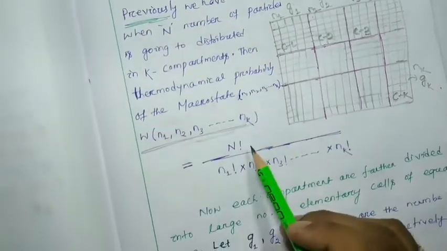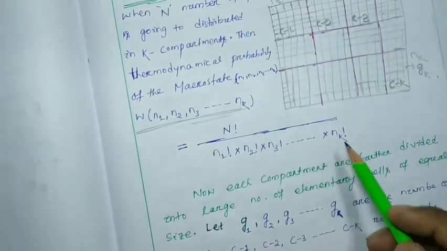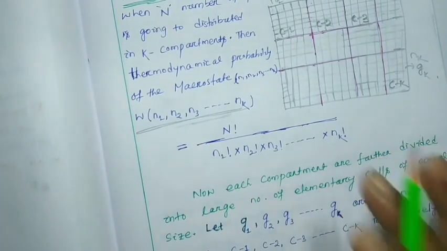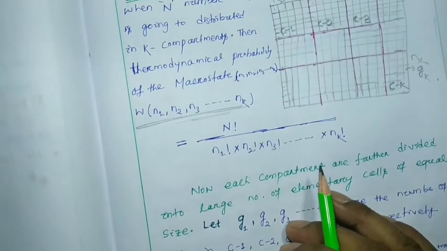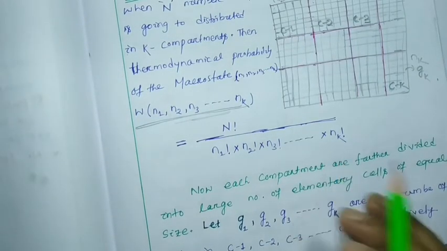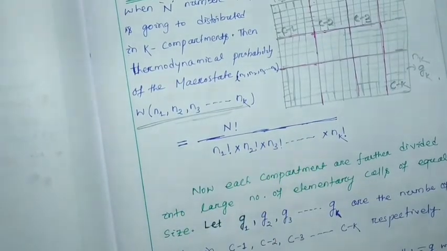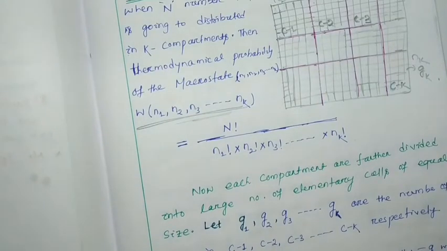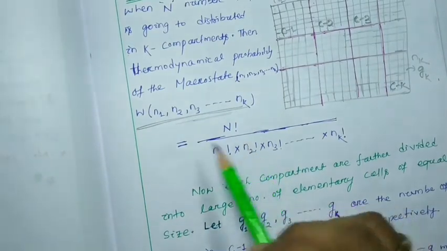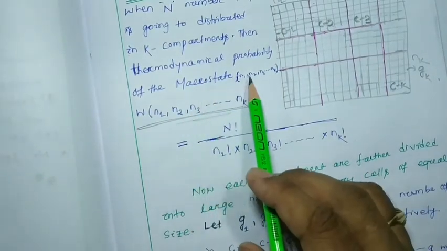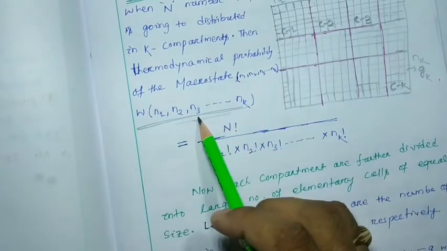This will be equal to N factorial by n1 factorial into n2 factorial into n3 factorial up to nk factorial, whatever we discussed in our last class. Only for that I am telling you that at least you go through the last lecture. Okay, you can easily understand these things. So in that last class I discussed how this came. Okay, so for macrostate n1 n2 n3 up to nk, the number of microstates or the so-called thermodynamical probability will be this much.